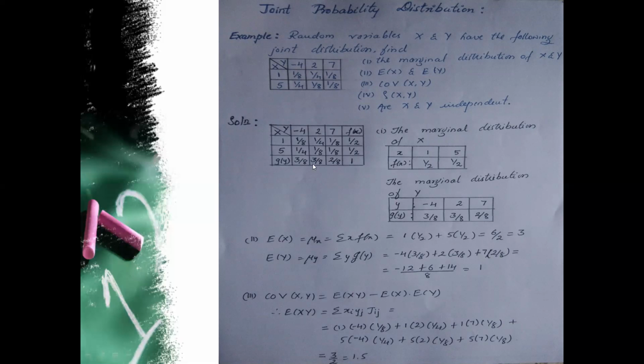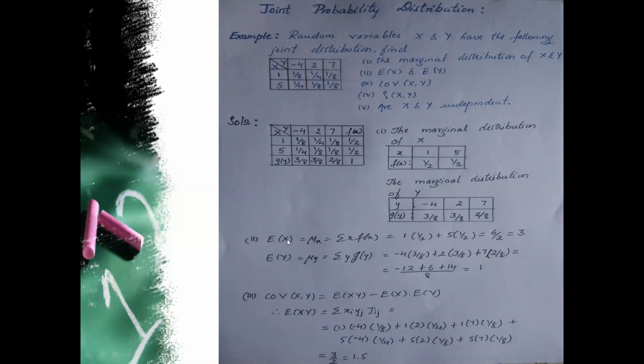So find the sum of all those products: 1 into minus 4 into 1 by 8, 1 into 2 into 1 by 4, 1 into 7 into 1 by 8, then 5 into minus 4 into 1 by 4, 5 into 2 into 1 by 8, 5 into 7 into 1 by 8, and so on. These all values we need to add. The value we get is 1.5. That is expectation of xy.